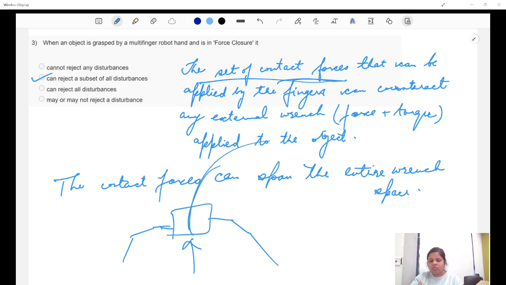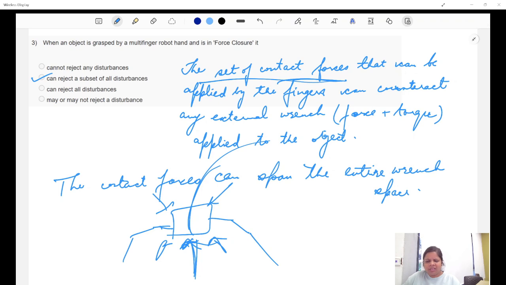I'll not go deep into that, but it only says that the origin is inside the convex hull of all the wrenches. That means we can combine the contact forces to create any net wrench to cancel the external disturbance. So if there is a disturbance being applied from this side, we can have multiple forces that can be used to cancel out this disturbance. That's all about it.